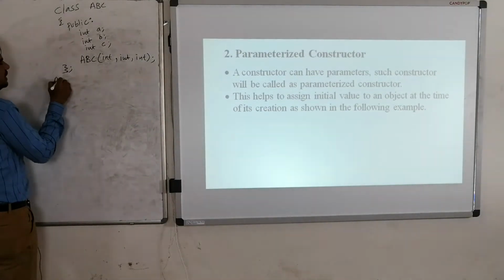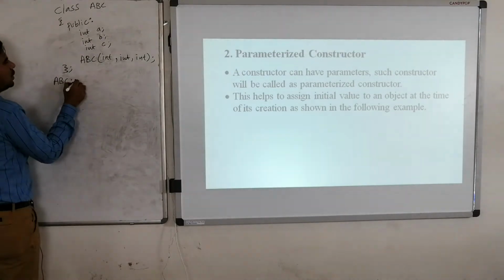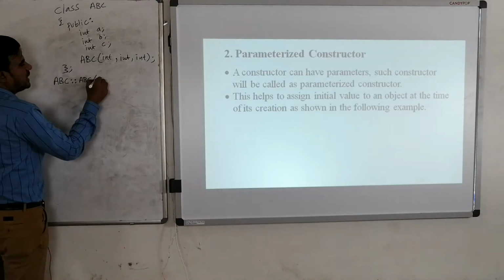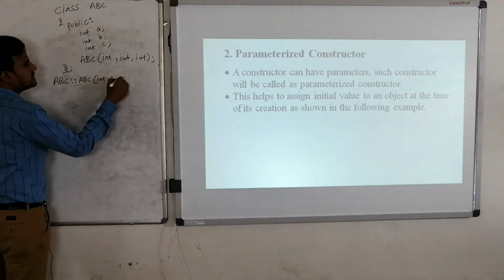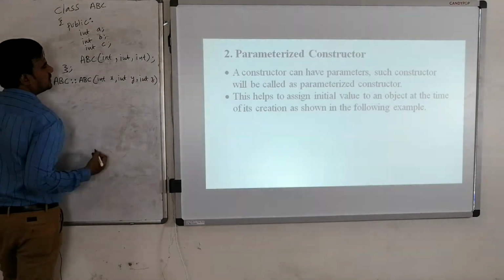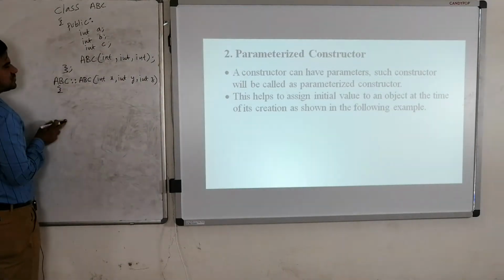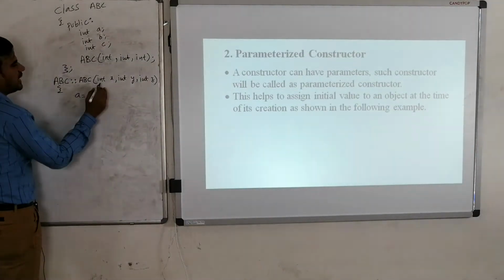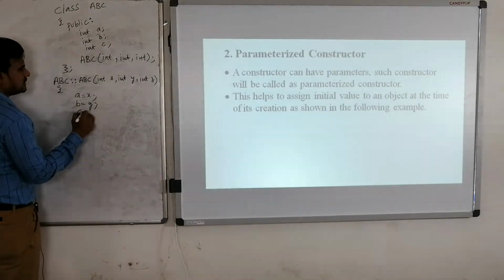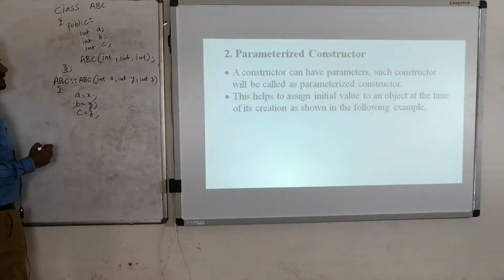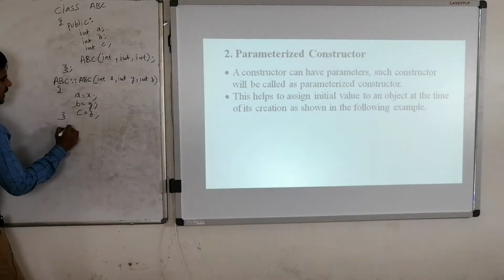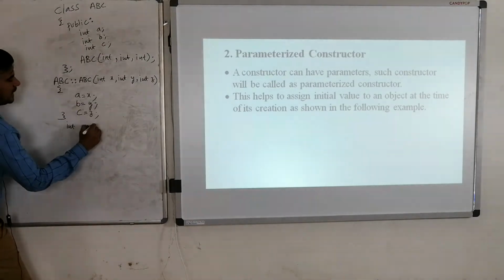There is no return type: ABC colon colon ABC of, take any three values, int x, int y, int z. Inside this constructor I initialize A with x, B with y, C with z. Then close.